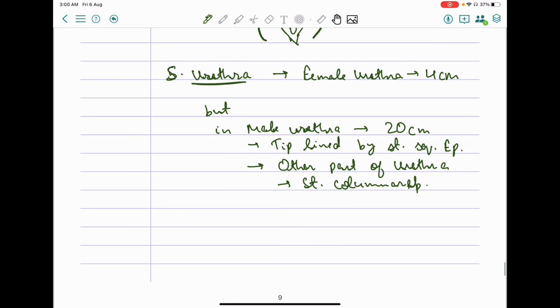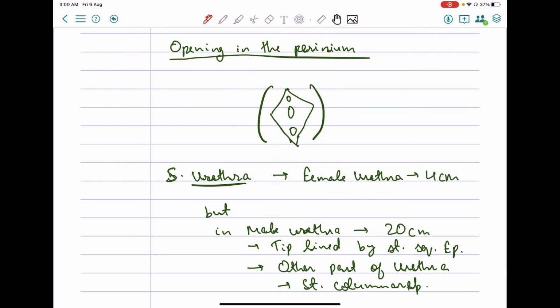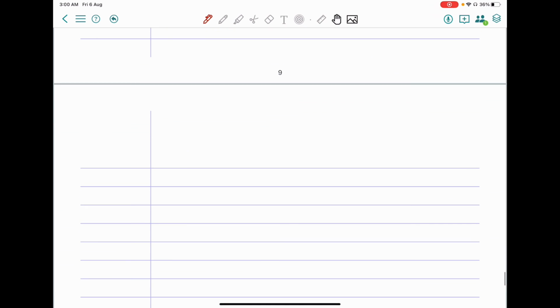In the sixth opening, let's talk about the vagina. We all know there is no need to discuss it. It is made up of stratified squamous epithelium. No point to discuss it. Let's move on to the last and seventh opening, that is the anal canal.